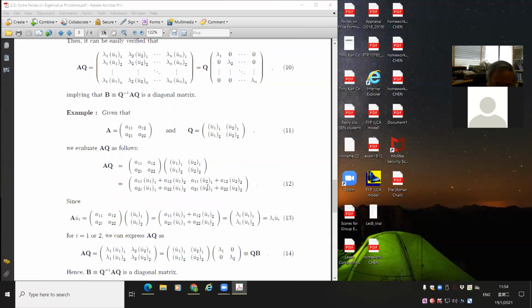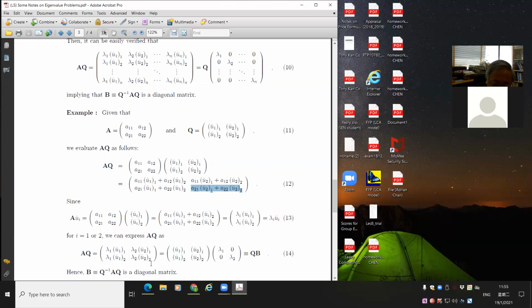So we can easily get that this whole thing is equal to this. Am I right? Because replacing this by lambda 1 u11, this by lambda 2 u21, this is lambda 1 u12, and this, according to here, is lambda 2 u22.